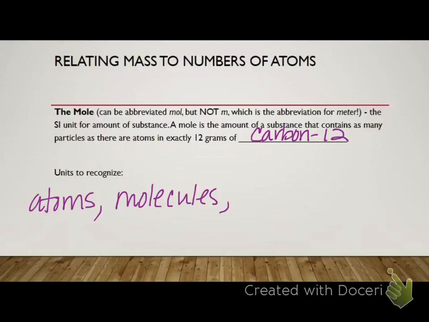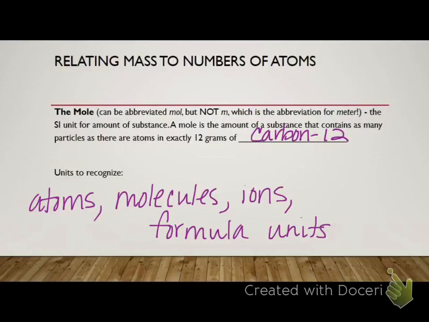So I could have a mole of water molecules, which would be 6.022 times 10 to the 23rd molecules. I can have ions, and I can also have formula units. And formula units are something that we use for ionic compounds, when a metal and a nonmetal are combined. So if I had sodium chloride, I could say I have 6.022 times 10 to the 23rd formula units in 1 mole of sodium chloride.